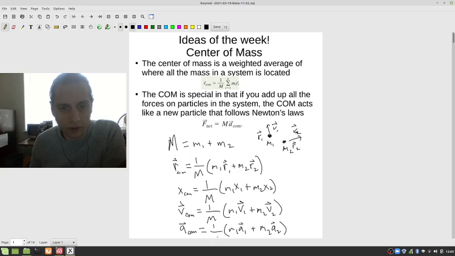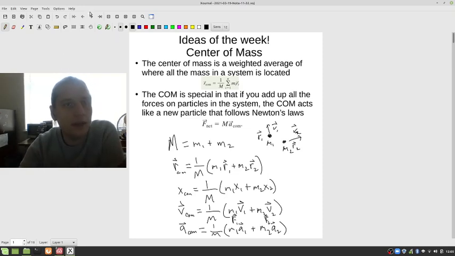But if you notice what that is, if I multiply both sides by big M, the total mass, it's just saying the M A, the mass times acceleration of my center of mass, looks like the sum of all of the MAs. Notice this is the total force on object 1. This is the total force on object 2, because F equals MA for net forces. So the center of mass is special. It looks like a particle.